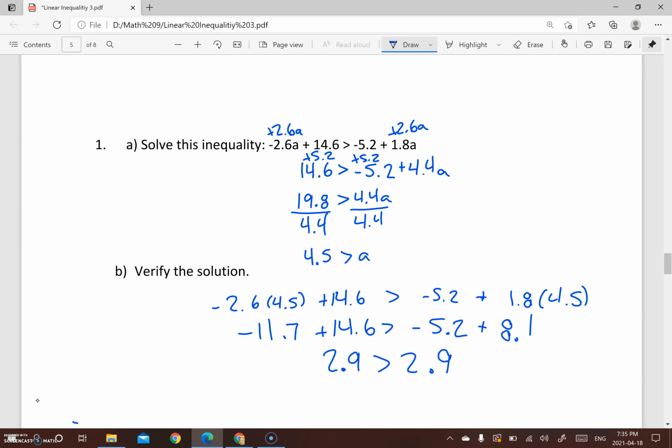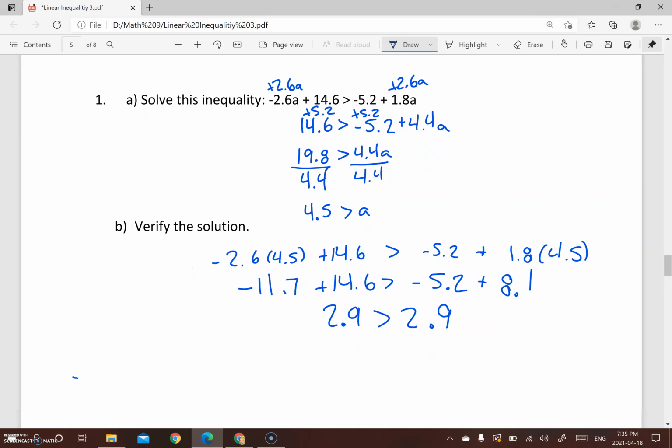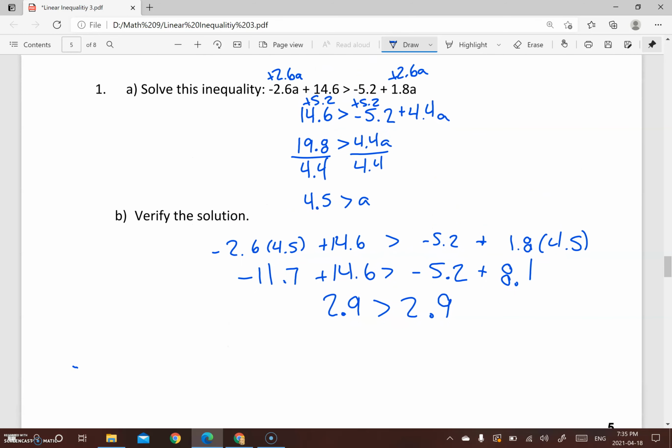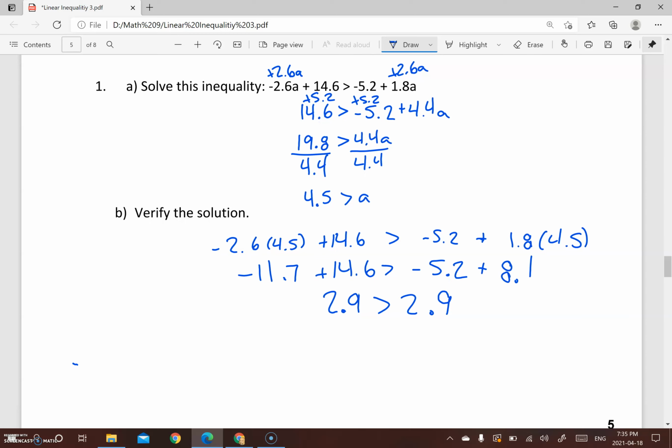Now I want to make sure that the sides read true, so I'm going to choose a value that's smaller than 4.5. I'm going to go with something like 1, or even 0. 0 is less than 4.5. So I'm going to plug in 0 for a, and I should get that the left side is greater than the right side.